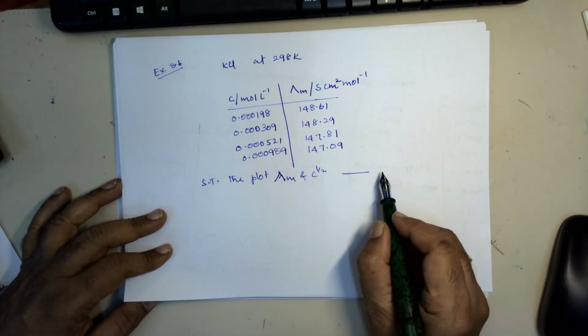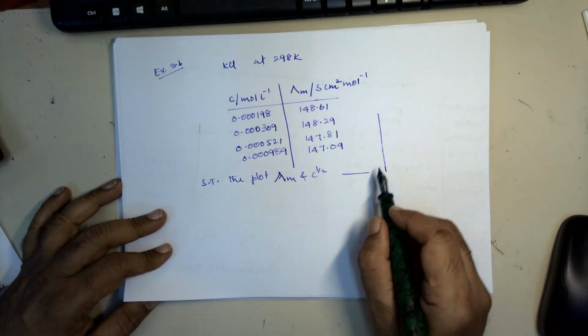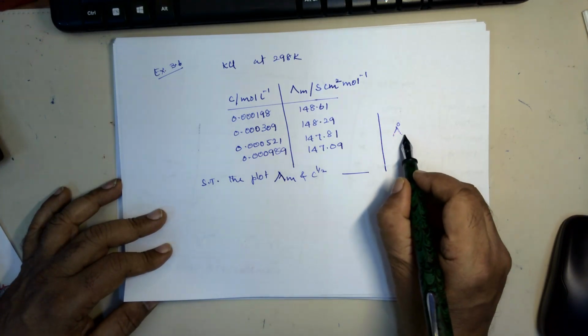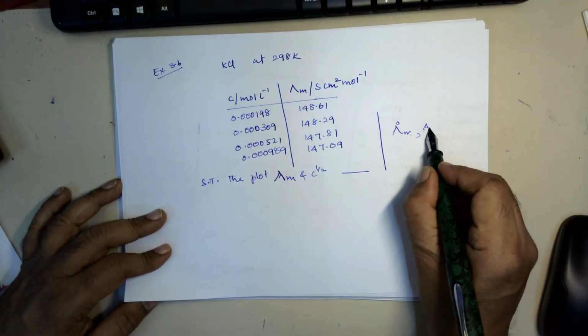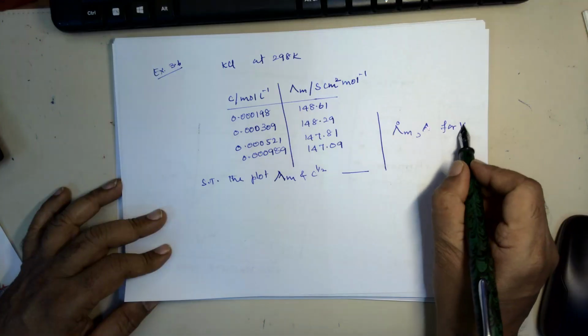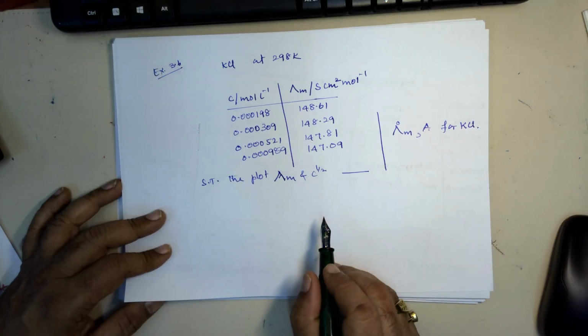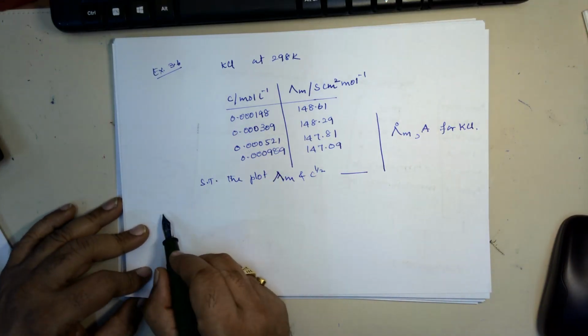And not only that, they ask you to determine the value of lambda naught m and a for KCl. So this is the problem. Now what are we supposed to do? Solution.